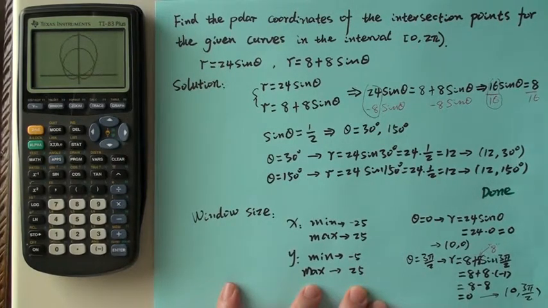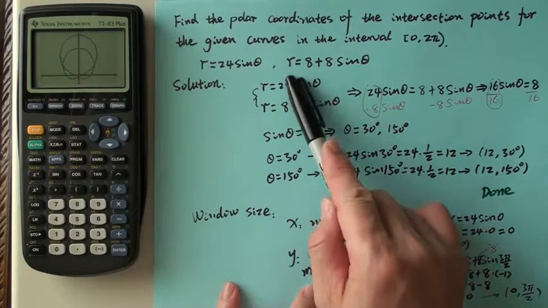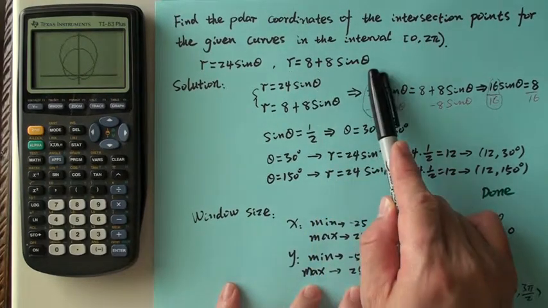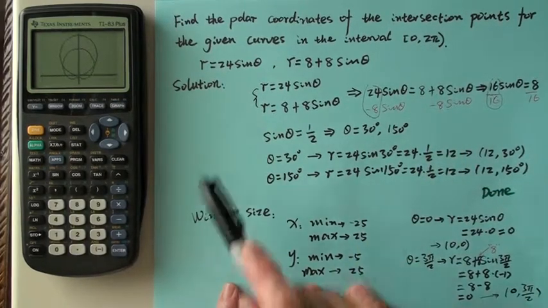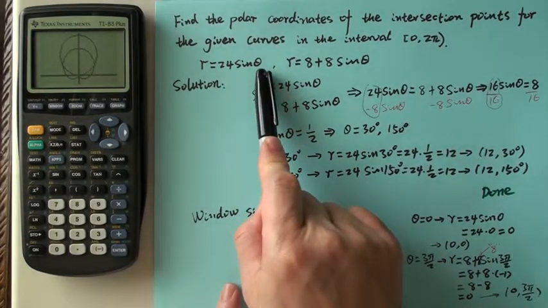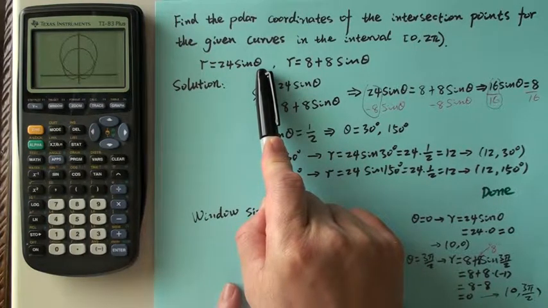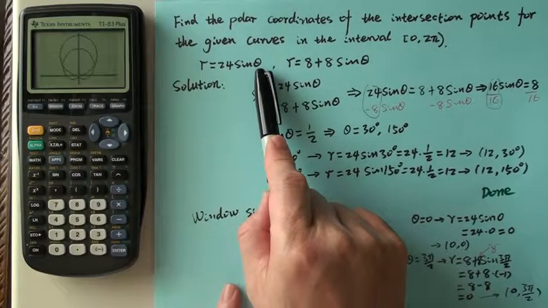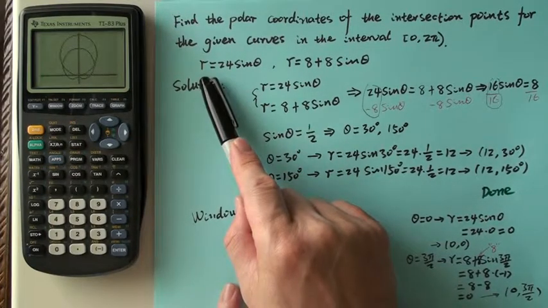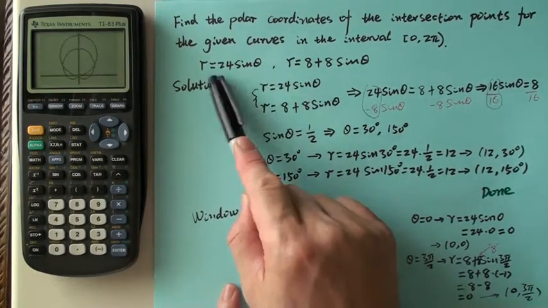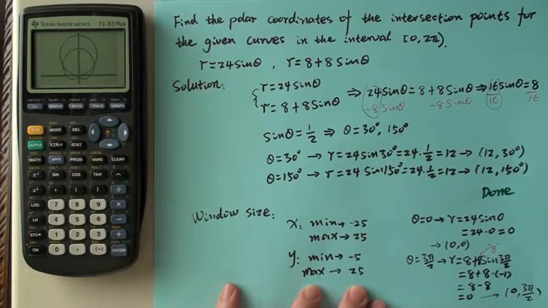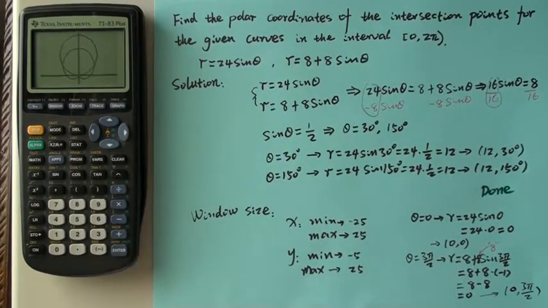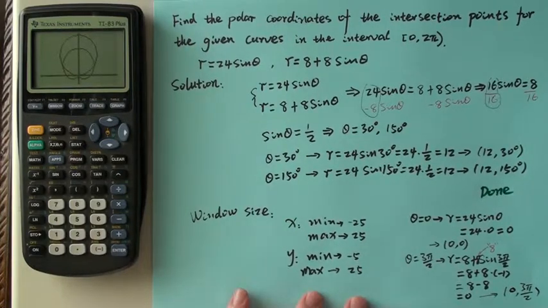If you let r be 0, theta has to be 3 pi over 2, or theta has to be 0, so it's 0, 0, but it can also be pi, 0, pi, because sine pi is also 0, but they are the same points. So that's basically the solution. I'll see you next time.